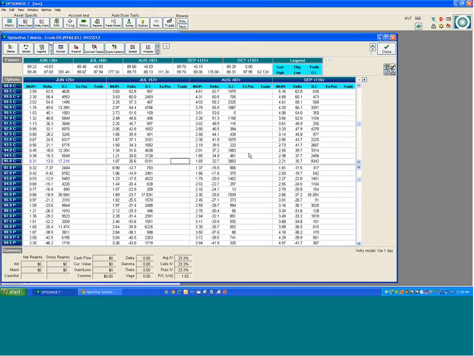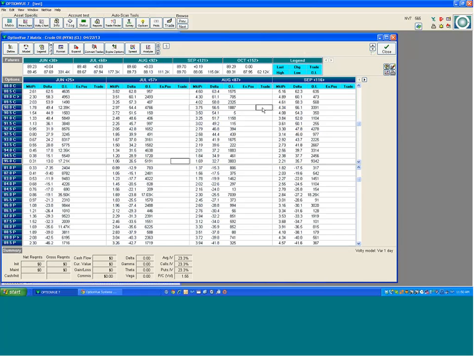Now, the other thing about these types of volatility trades is these can be, in my opinion, the core position that you would use to start with, and then you can modify it as the market moves. So here's what I mean by that. Let's say that you had the following position.